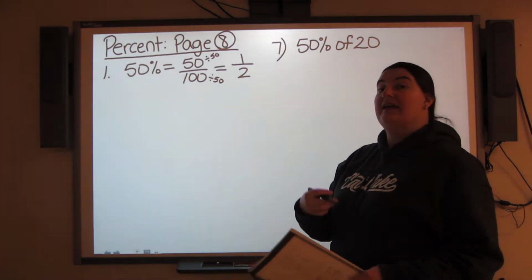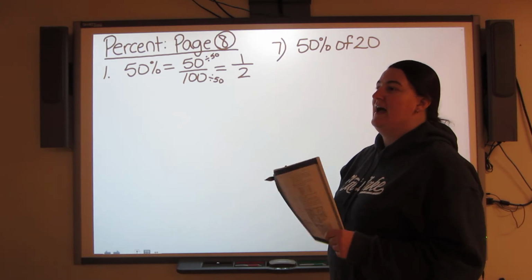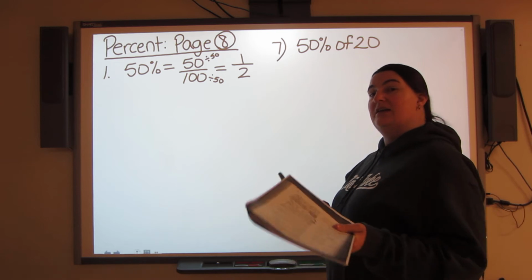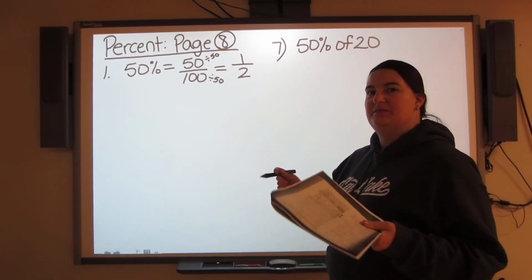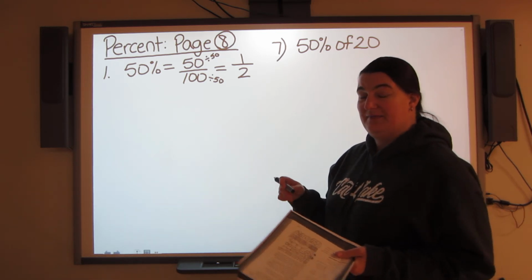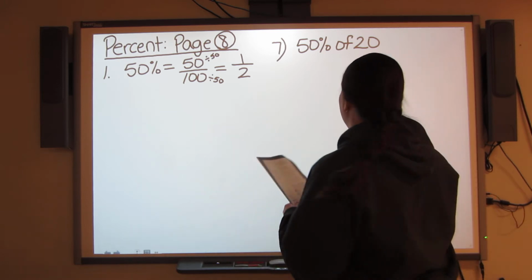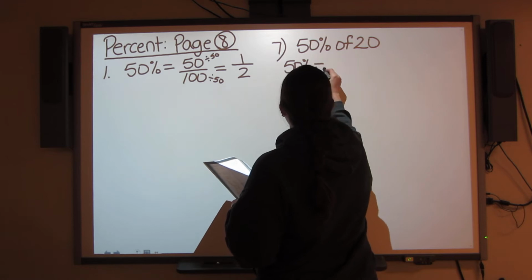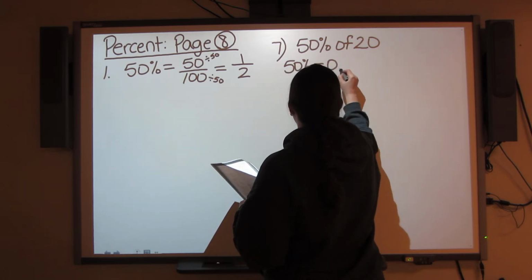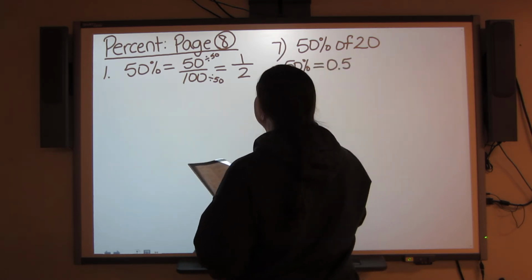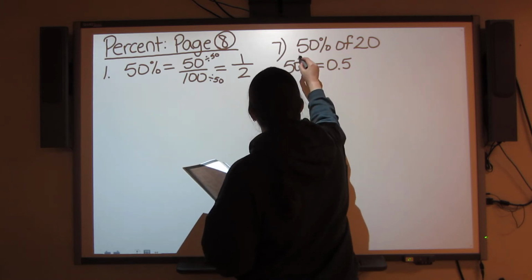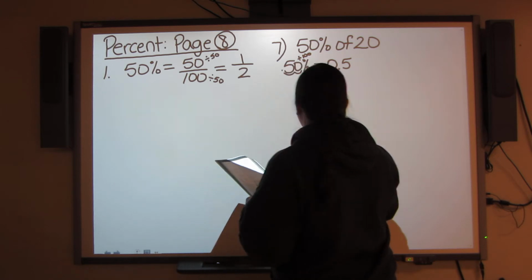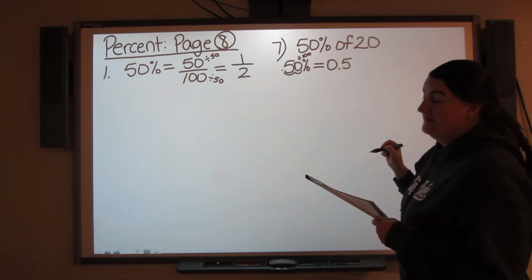But in case you want practice on how to do it with any number, even if they're not easy numbers, you want to follow the steps. So 50% written as a decimal would be 0 and 5 tenths, because, don't forget, divide by 100. I don't need the extra 0.